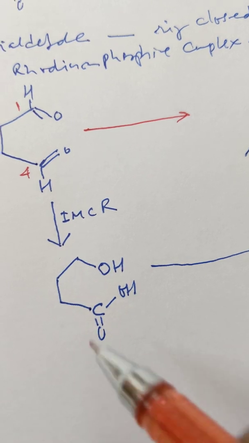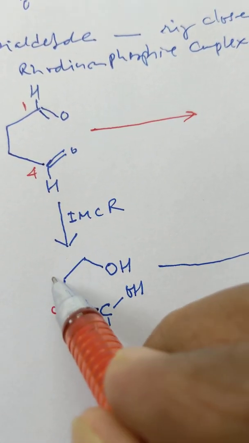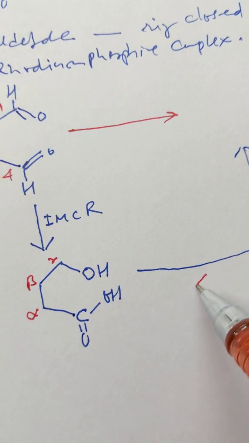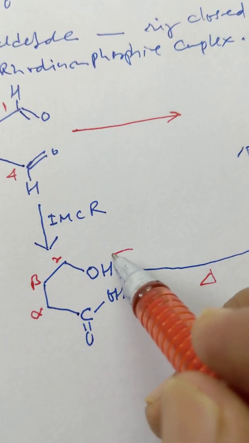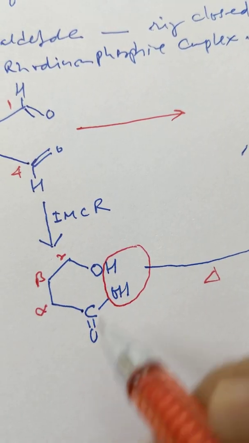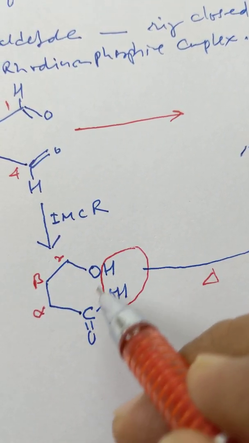See, now this is acid. This is the alpha carbon, this is beta, and this is gamma. When gamma hydroxy acids are heated, they undergo intramolecular condensation, and as a result, this oxygen is linked to this.